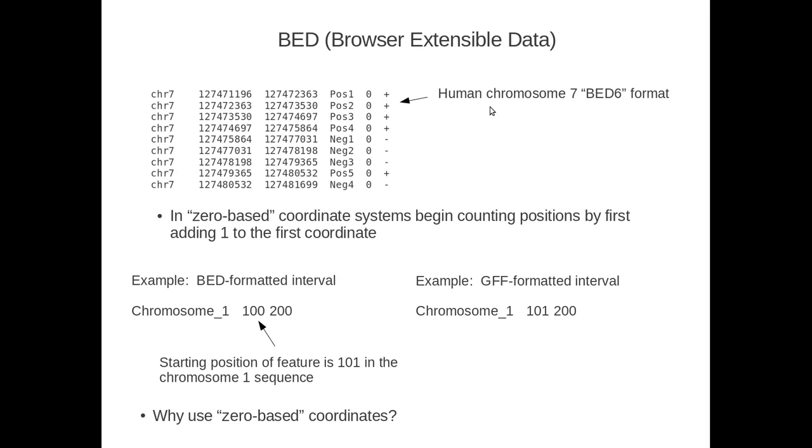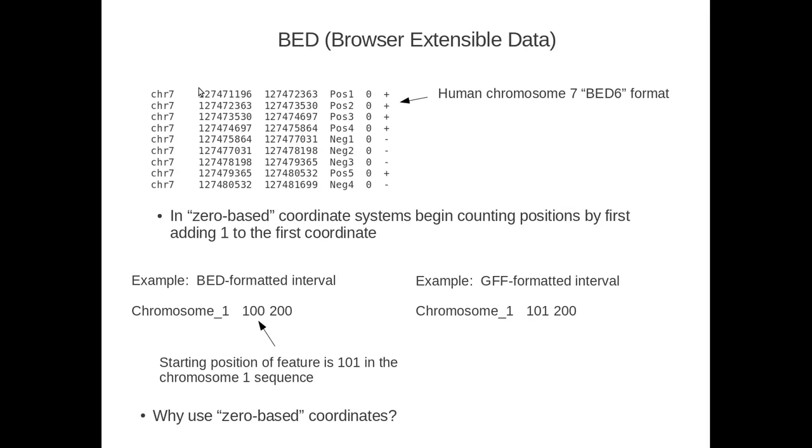So this is just an example I pulled here from human chromosome 7, a set of intervals. This is what's called BED6 format. There are 6 columns. The thing to note here is that the position in column 2, this coordinate, is a 5' coordinate, this is a 3' coordinate, but this is what's called a zero-based coordinate.